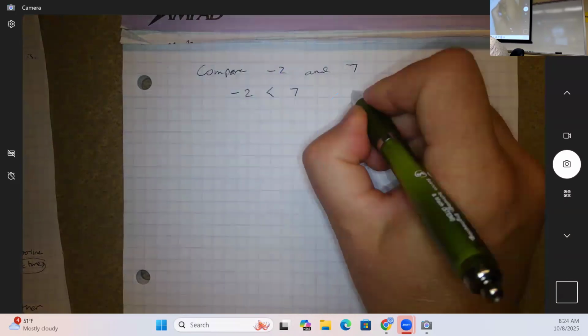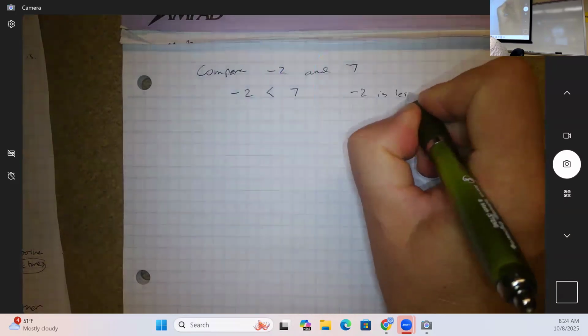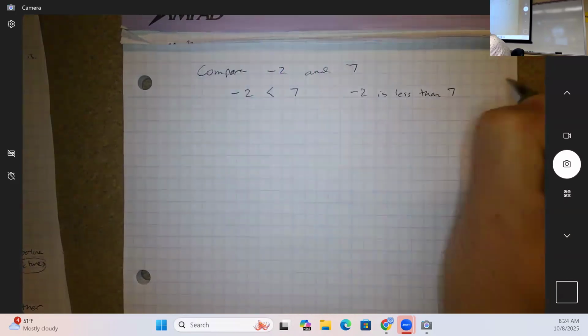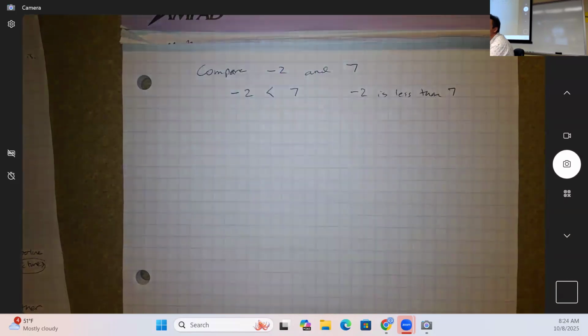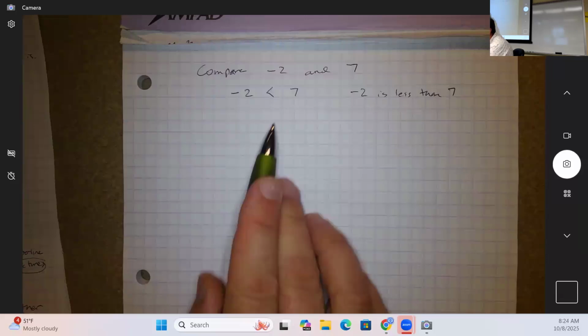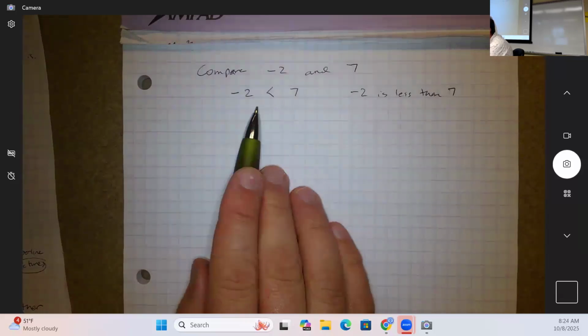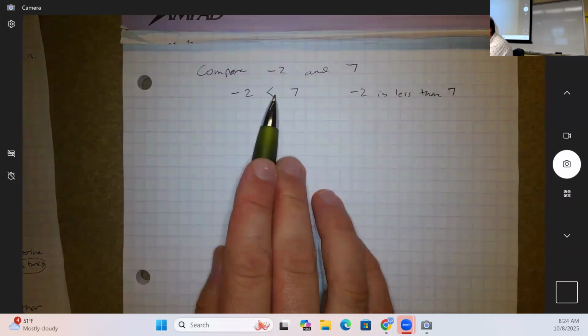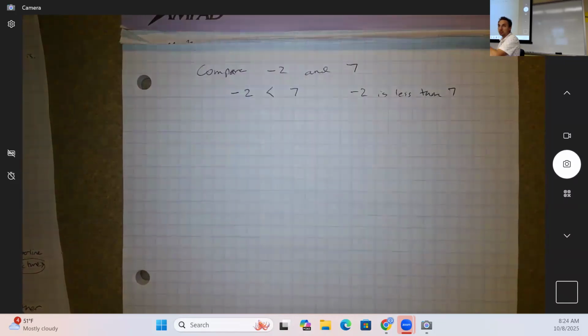But I would probably read this as -2 is less than 7, just because people in English tend to read left to right. Now in Arabic, actually, you might read this as 7 is greater than -2 because Arabic reads the other direction, right to left.